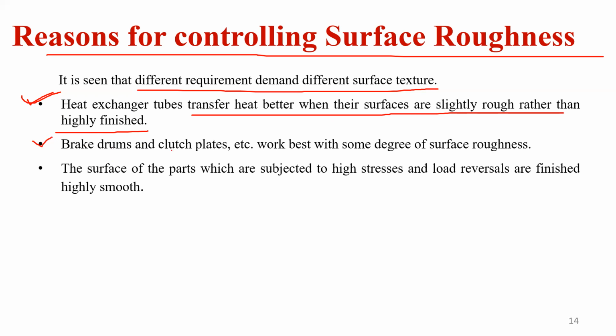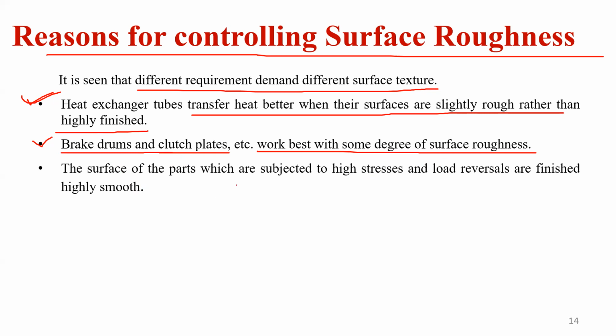Similarly, brake drums and clutches work best with some degree of surface roughness. If there is no surface roughness between the brake shoes and the brake drum, the brakes will not apply. Similarly, in the clutch plates, if there is some degree of surface roughness, we can use the brake drums and clutch plates effectively.